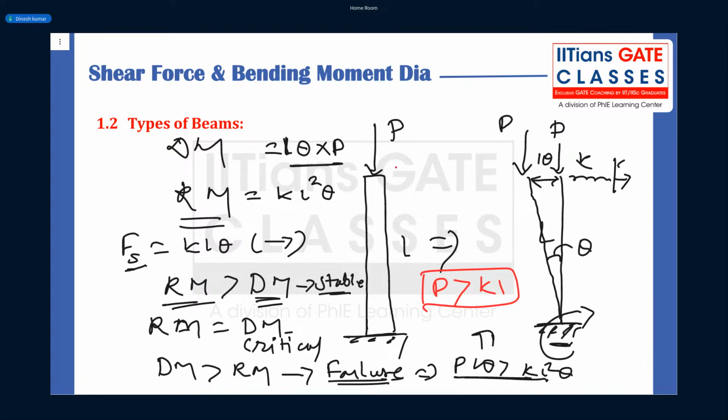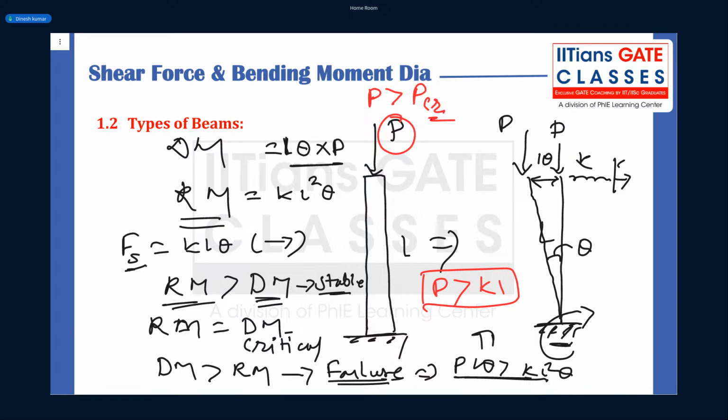If P is greater than P critical. So in design, what do you say? Design buckling load, right? Everyone, have you heard about it? In design we use P critical.